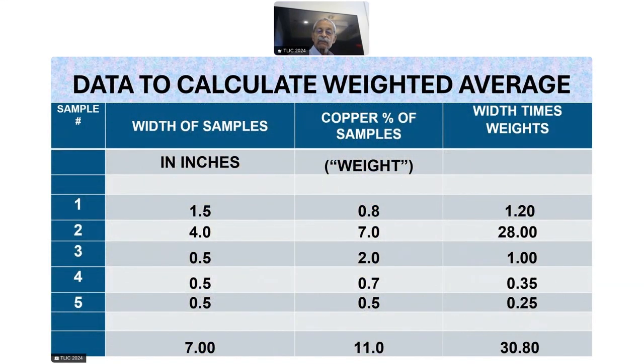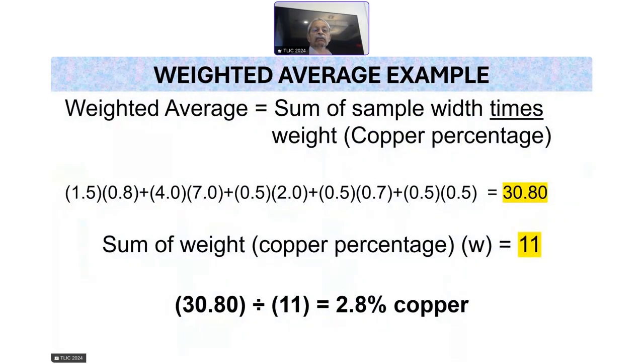This is the information we got. You multiply the sample width by the weight, the percentage of copper, and you get this. And you add up all these things. So to say again, the weighted average is the sum of sample widths times weight, copper percentage, and we get 30.8.